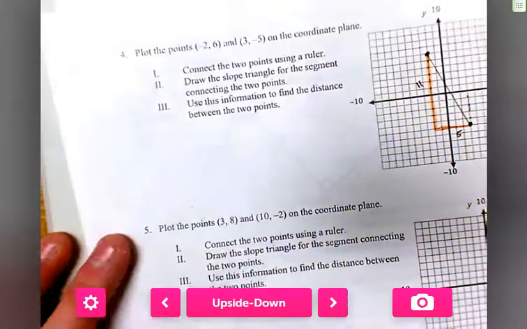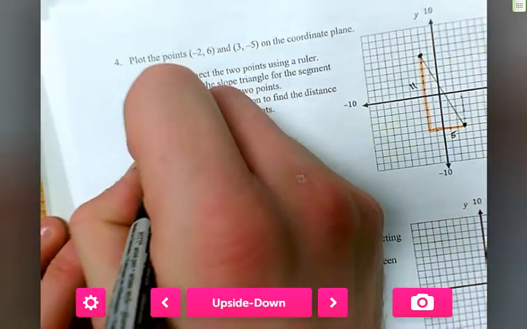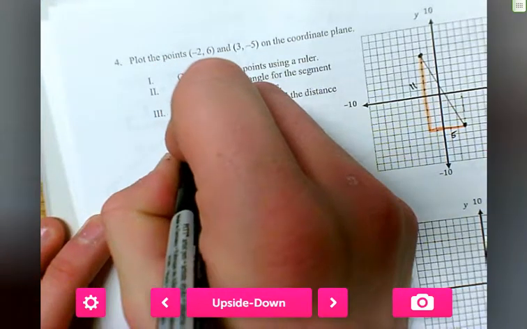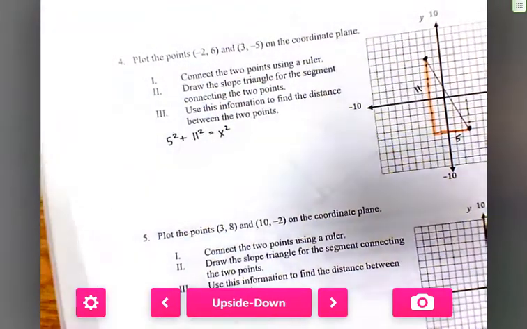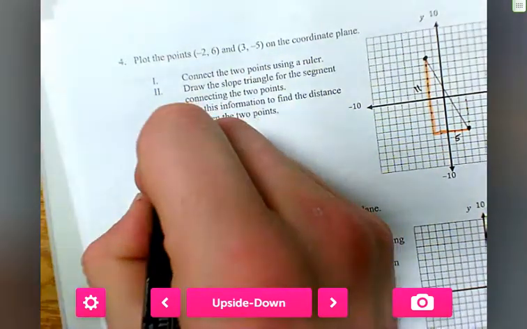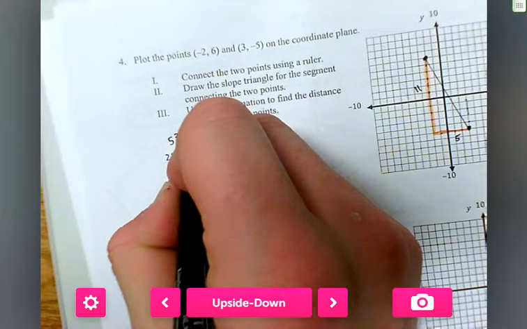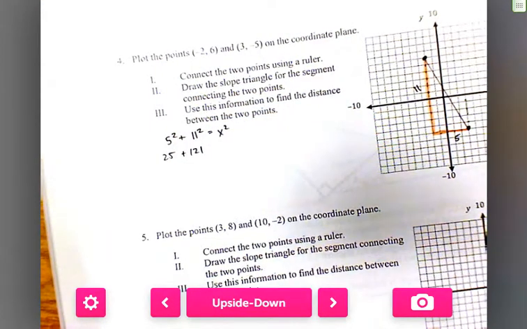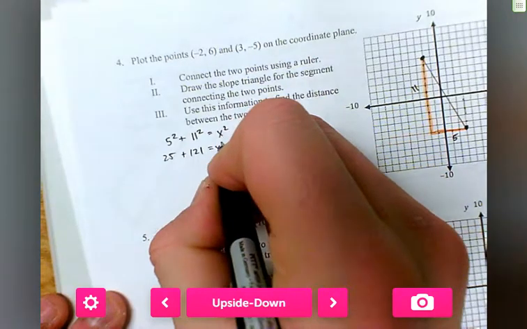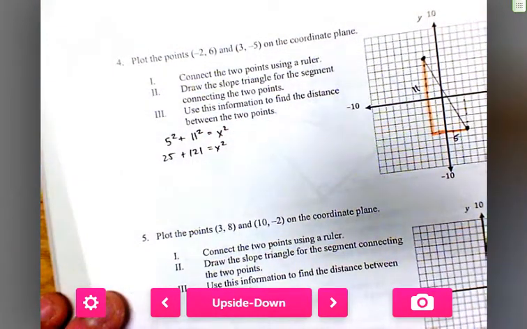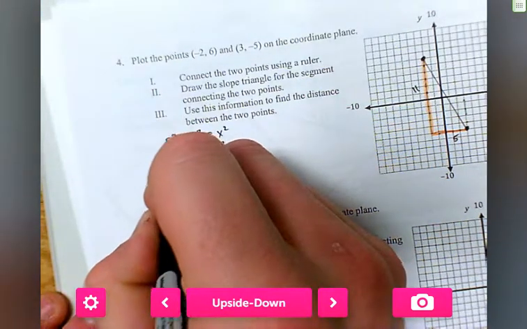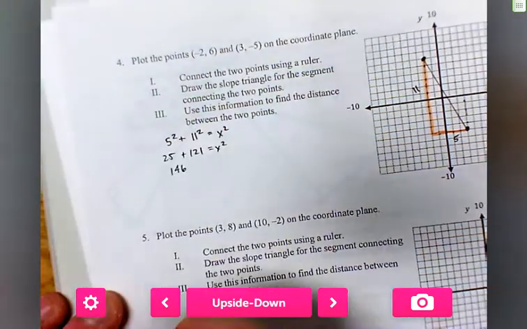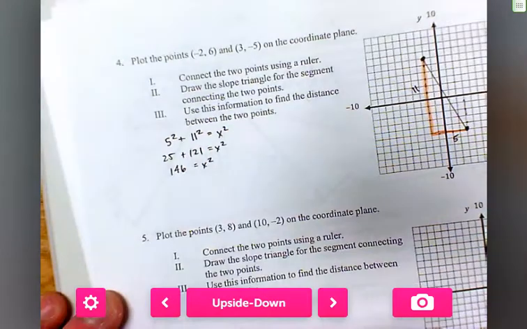So we're going to do 5 squared plus 11 squared equals x squared. 5 squared is 25. 11 squared is 121 equals x squared. Then we're going to add these two, so we should get 146 equals x squared.